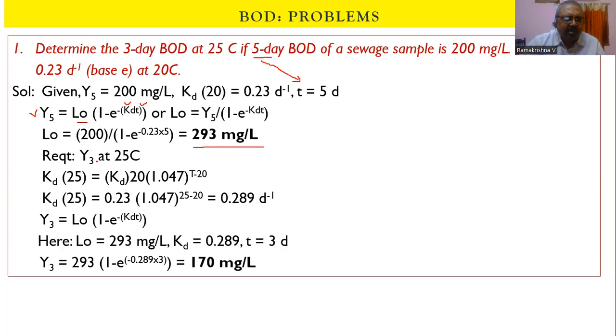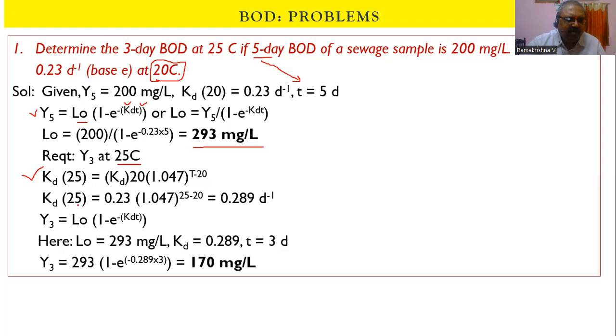What is required here? Y3, BOD at 3 days and 25 centigrade. 25 centigrade is a different temperature than 20 centigrade for the deoxygenation constant value. For any temperature other than 20 centigrade, we have the formula: KD at the required temperature is equal to KD at 20 into 1.047 to the power of T minus 20.